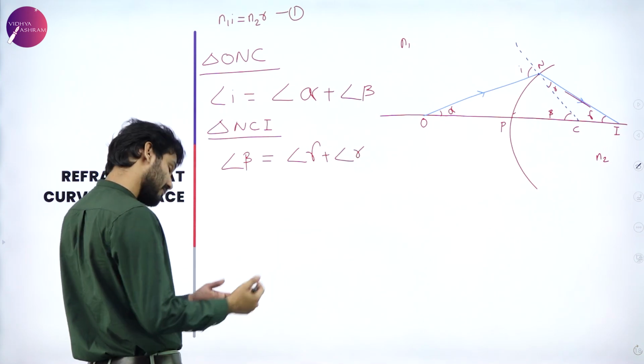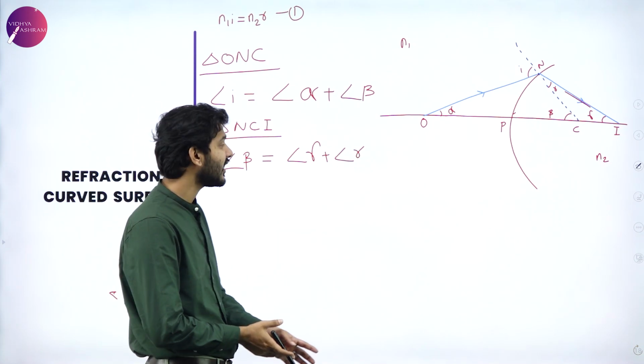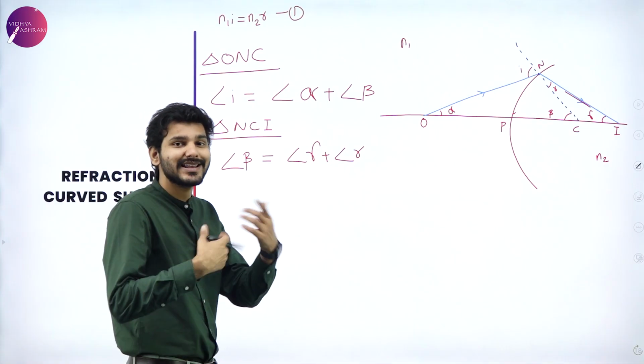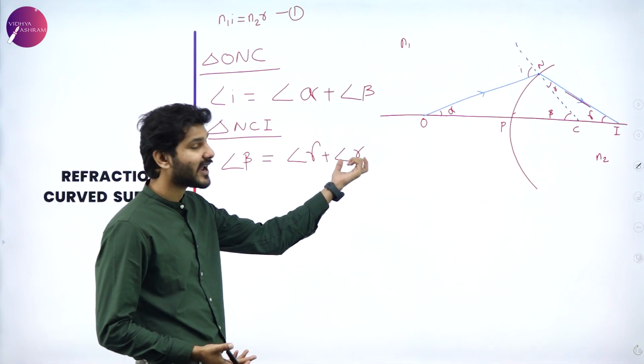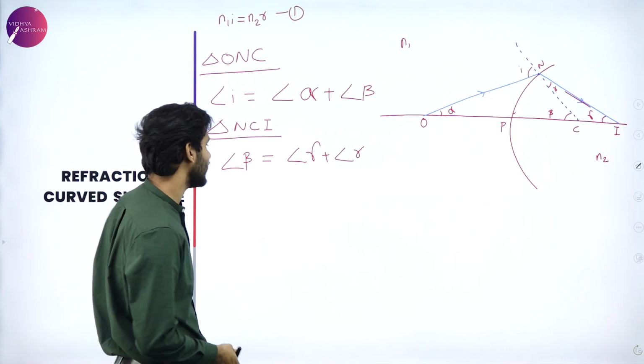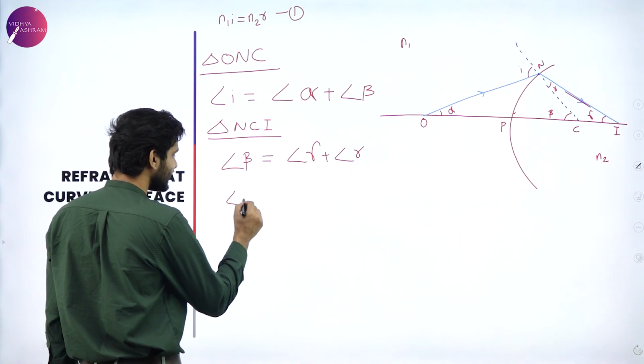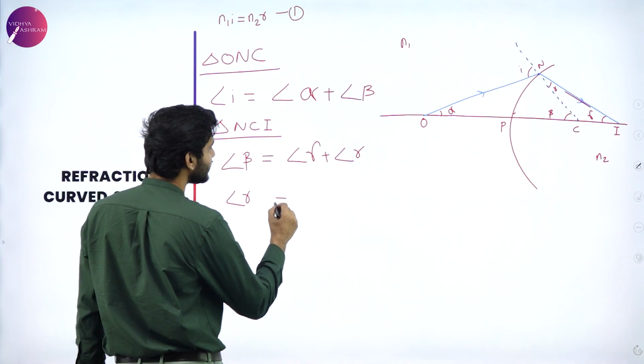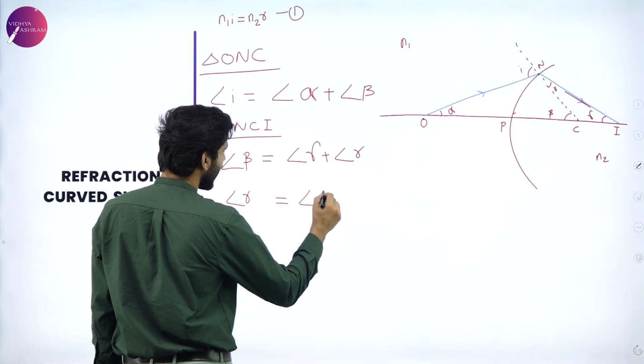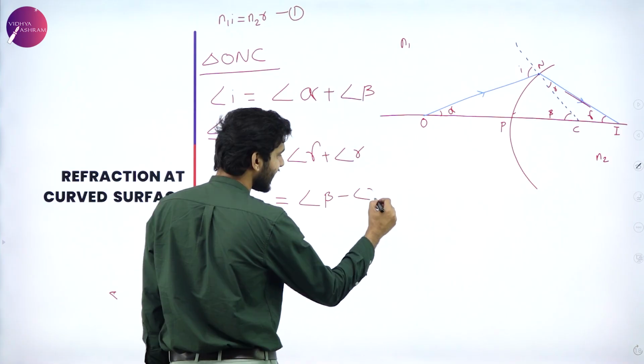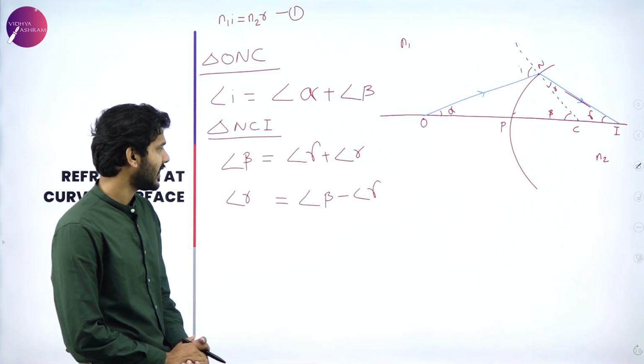That is true, right? But what do we have to find out? We have to find an expression in terms of the refracted angle. So we can say that angle R is equal to angle beta minus angle gamma, right?